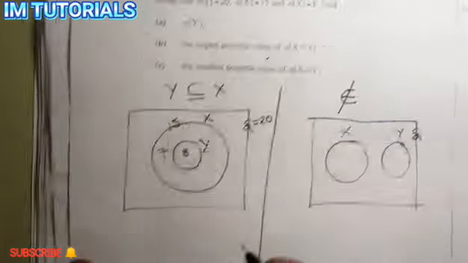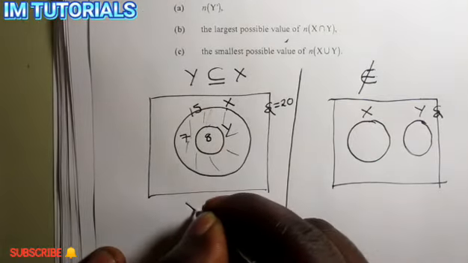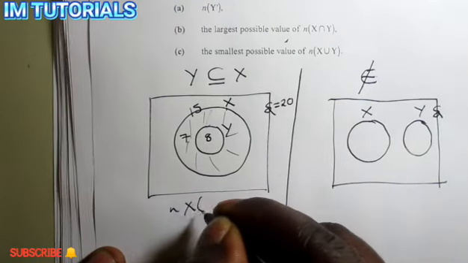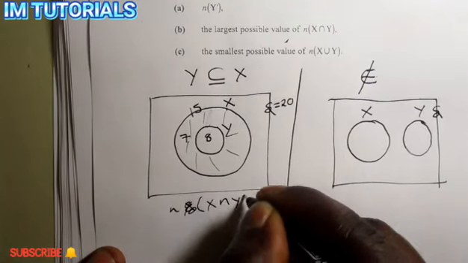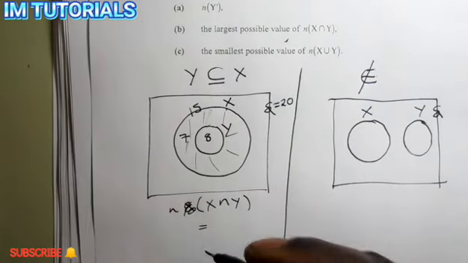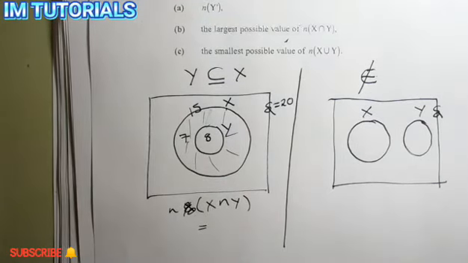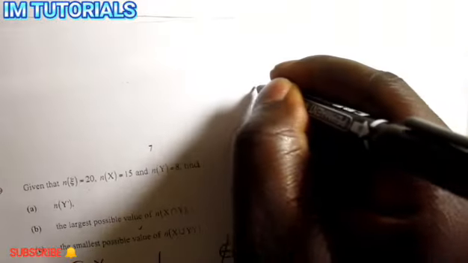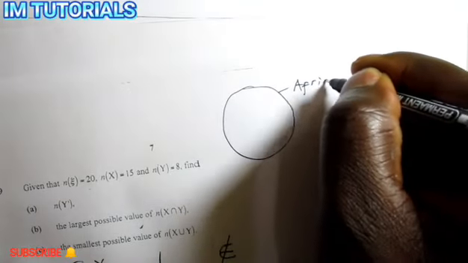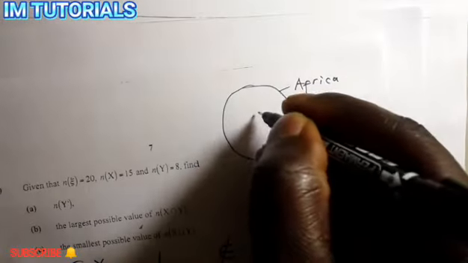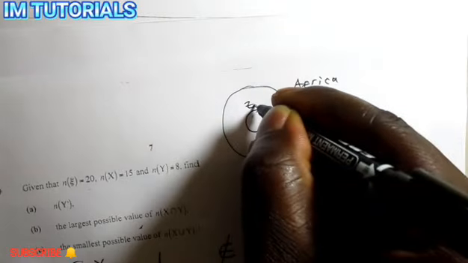So what is the number of x intersection y on this left side? X intersection y represents the number of terms found in both y and x. A simple example: let's say we have Africa, and this is Zimbabwe.